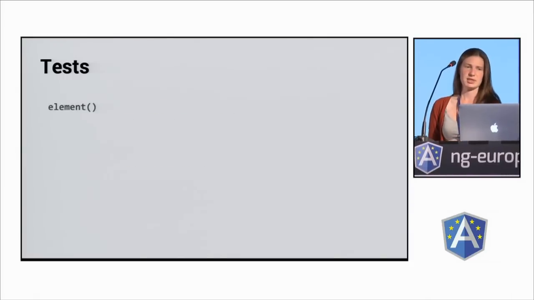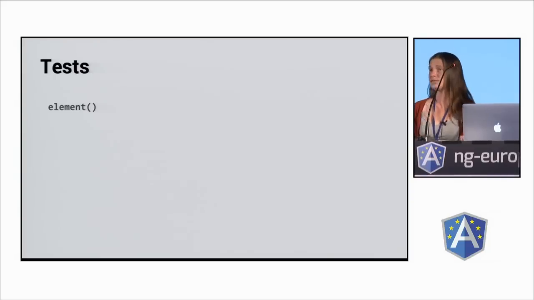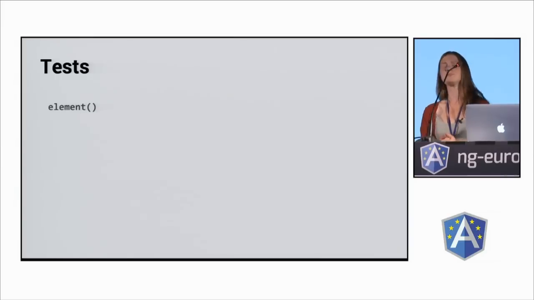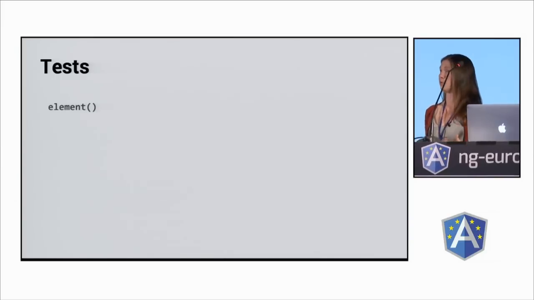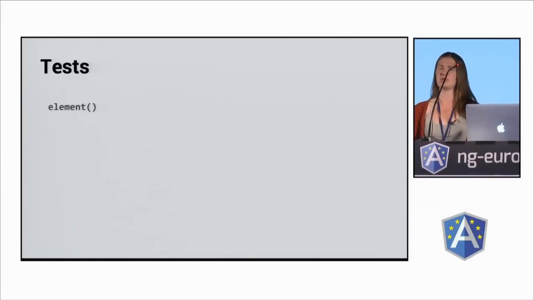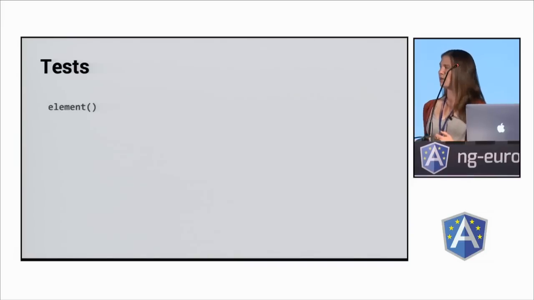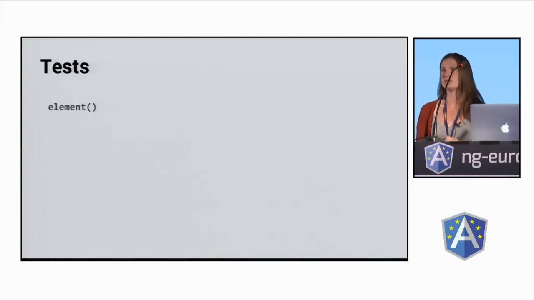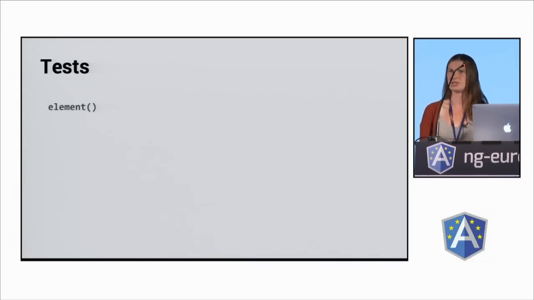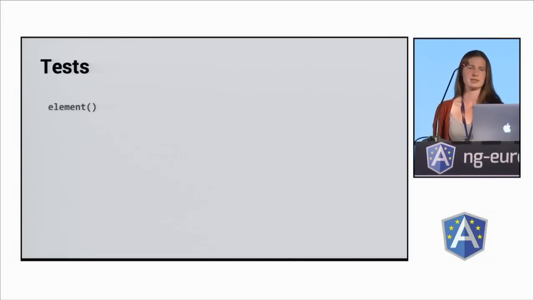So that's the scaffolding. And then in the actual body of the test, you'll be doing things using some globals that Protractor exports to interact with your web page. And the most important of these, and the one I'm going to focus on today, is this global element function, which takes some method of locating an element and returns something that we like to call an element finder, which is a powerful object for interacting with that.